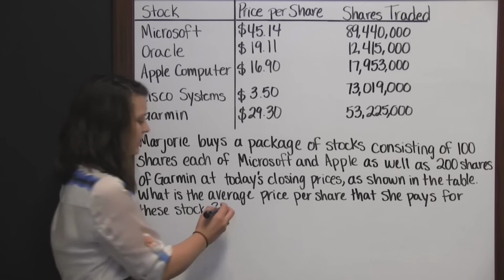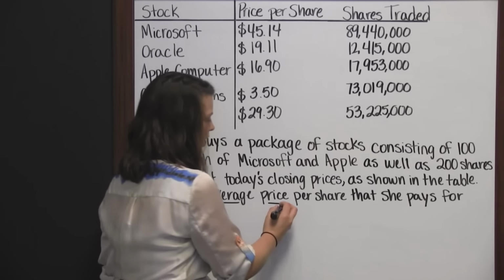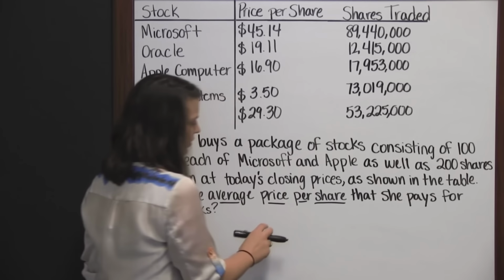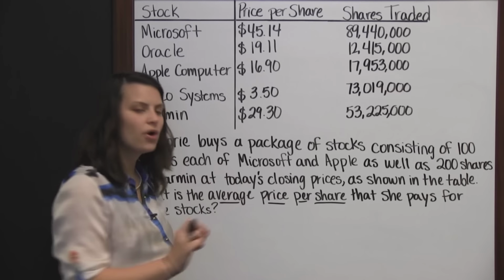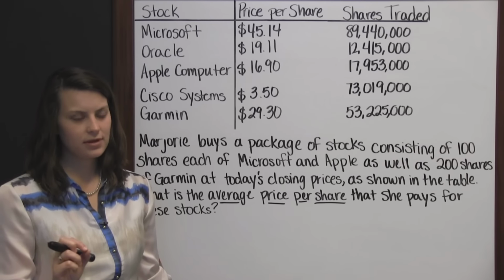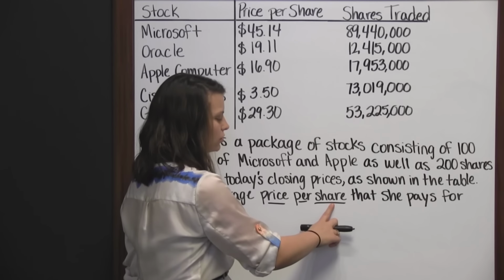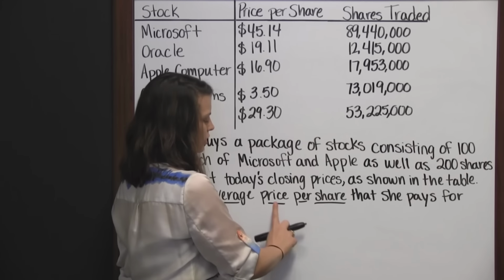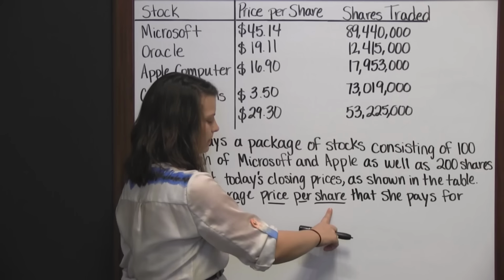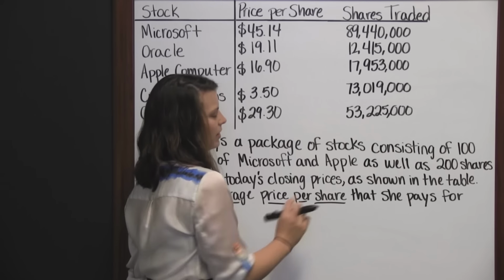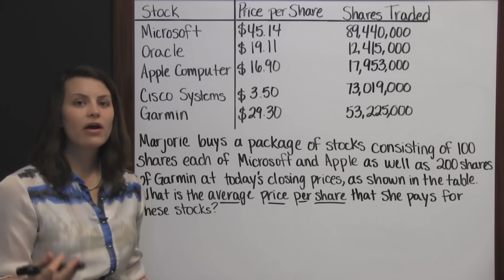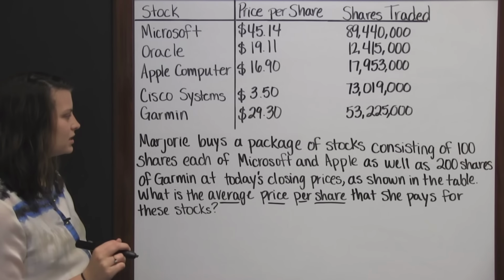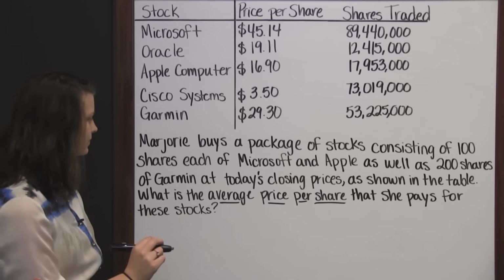To find this average price per share, first I need to find the total price. Then I have to find the total shares and divide, because this is a ratio, price per share. Price divided by shares. So first I'm going to figure out how much money she spent on these shares.